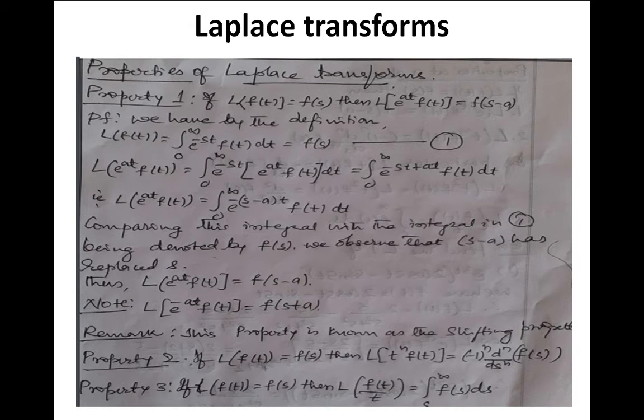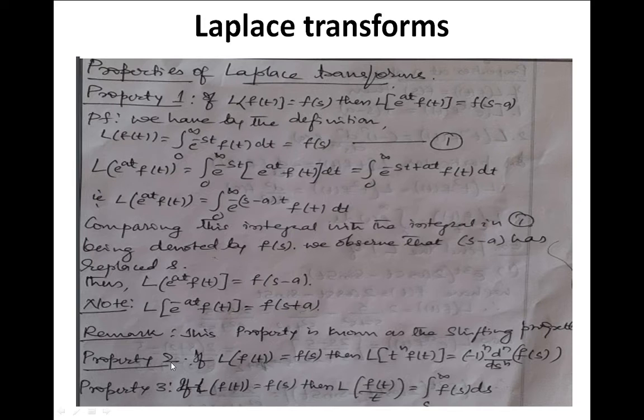What is L of sin at? It will be a upon s square plus a square. Then find the value of a, which is the coefficient of t under the exponential. Then replace s by s minus a. This property is known as the first shifting property under the Laplace transformation.